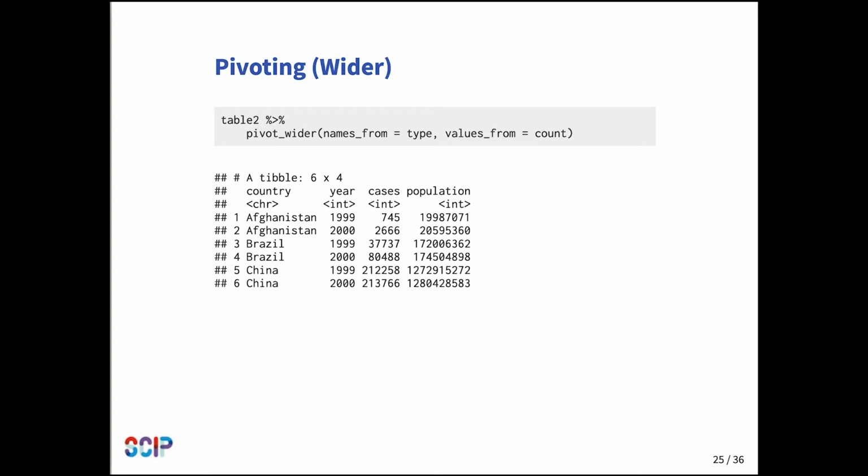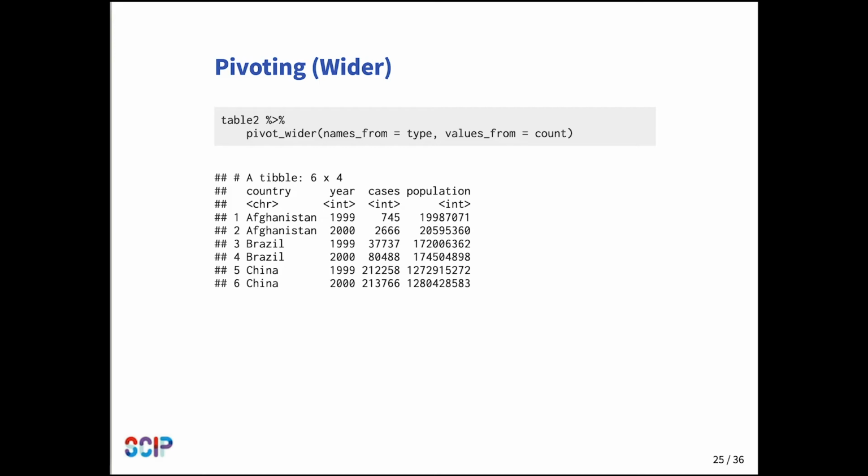So the pivot wider function enables us to do the opposite of what we did earlier, and that's taking that longer data set and turning it into wider format. What we can see now is a bit more coherent again, coming back to that principle of each row being an observation.